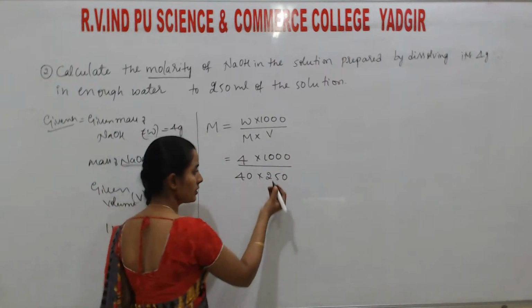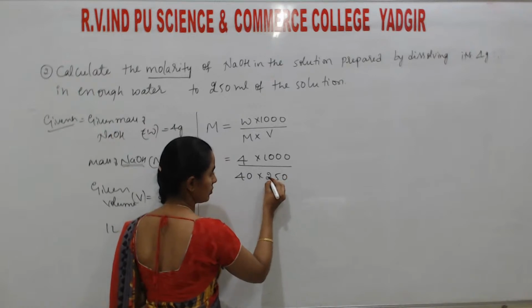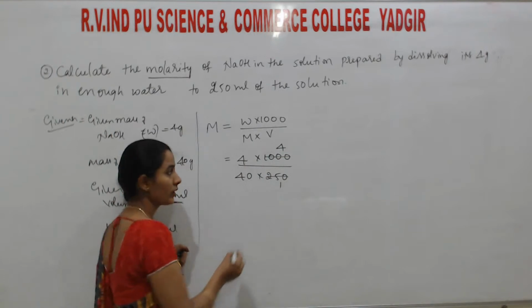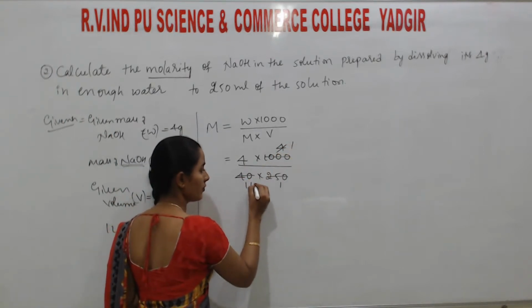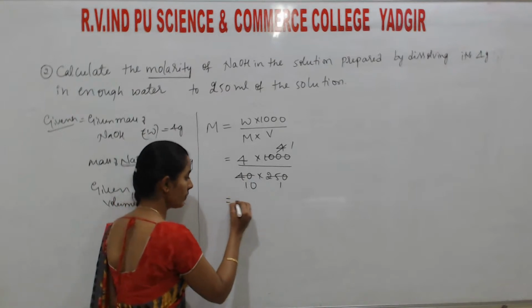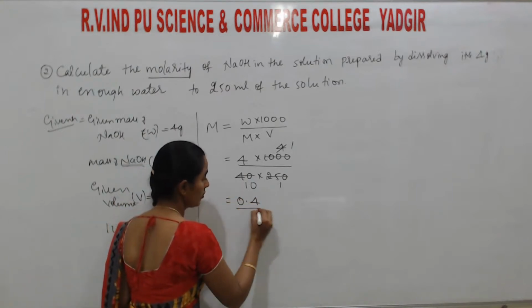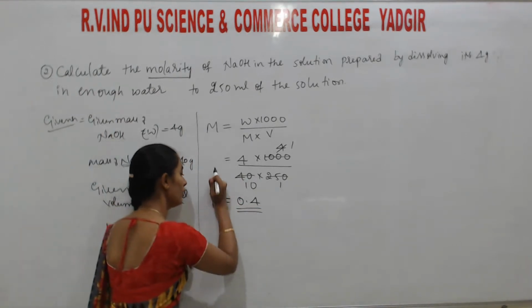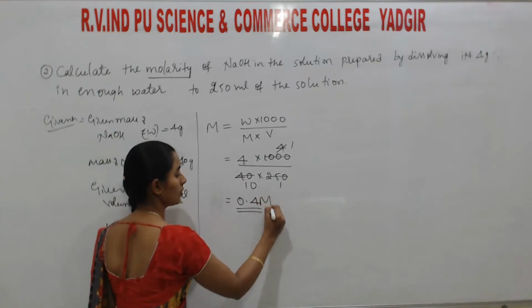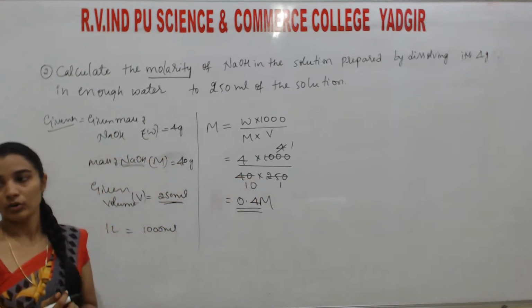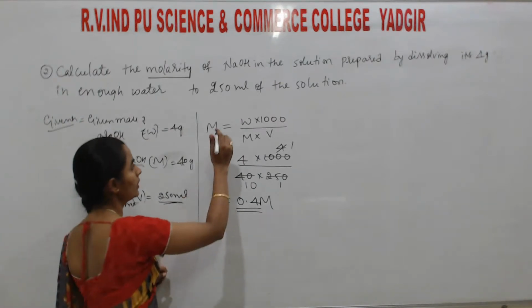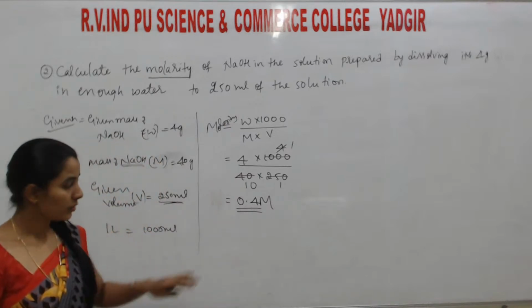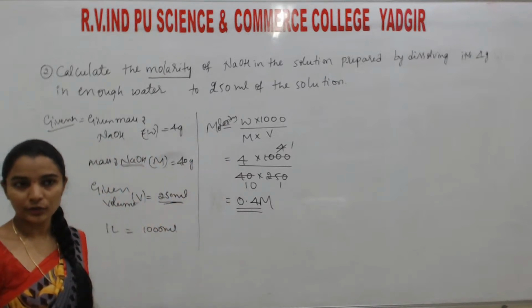That simplifies to 4 by 10, which is 0.4. So molarity is 0.4 mole per liter. This is one way, by substituting directly into the formula.